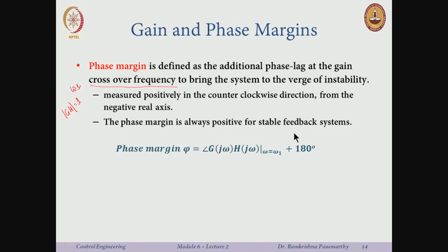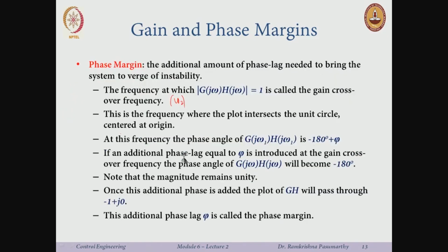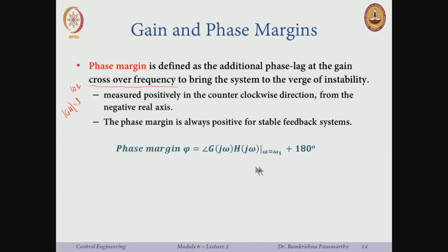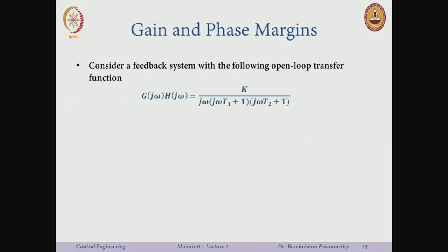That is maybe even true for the gain margin. So if I just want to formally write down what is phi, from that figure which I had earlier here, this phi is the angle of GH at omega equal to omega 1 plus 180 degrees. Now, let us see how this system looks.